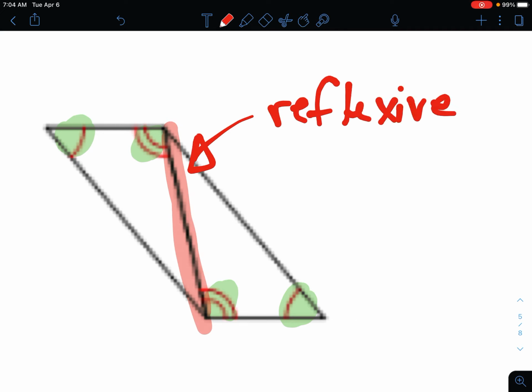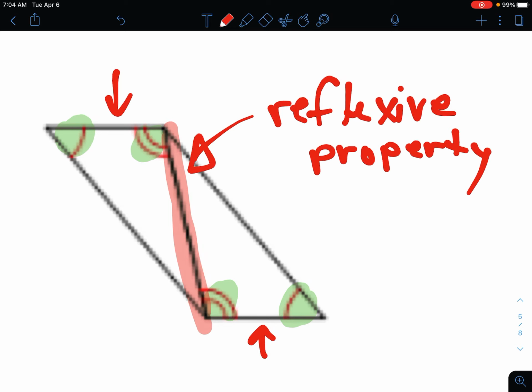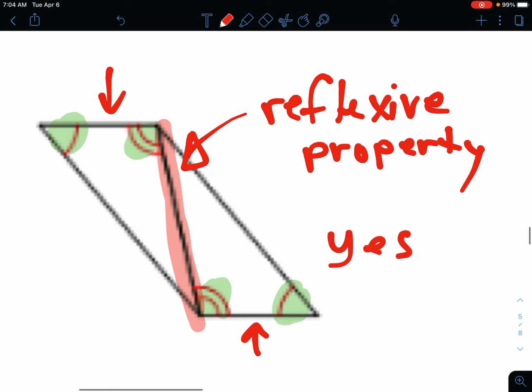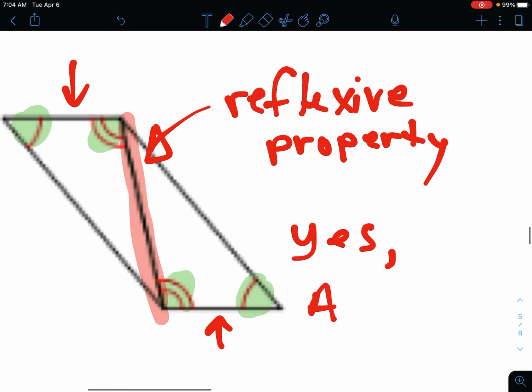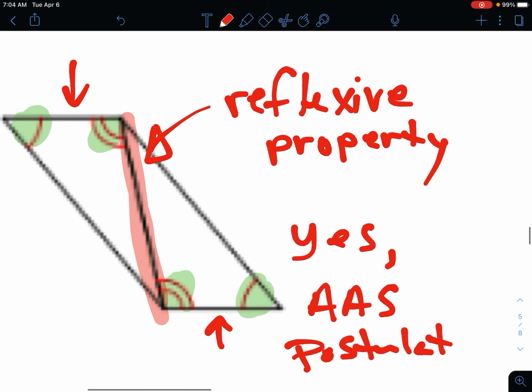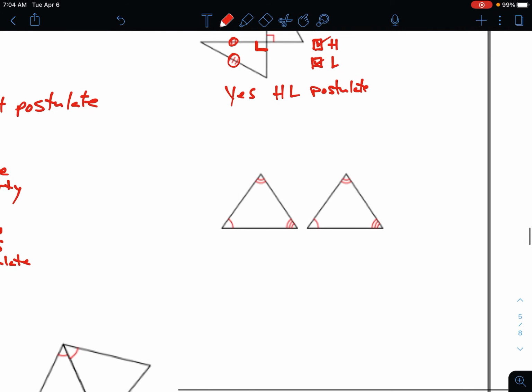Again, that's the reflexive property. Okay. Is that the included side? And the answer is no, the included side would have to be in the middle of the two angles. So this is yes, because we have two angles on a side, and it's angle, angle, side. Postulate.